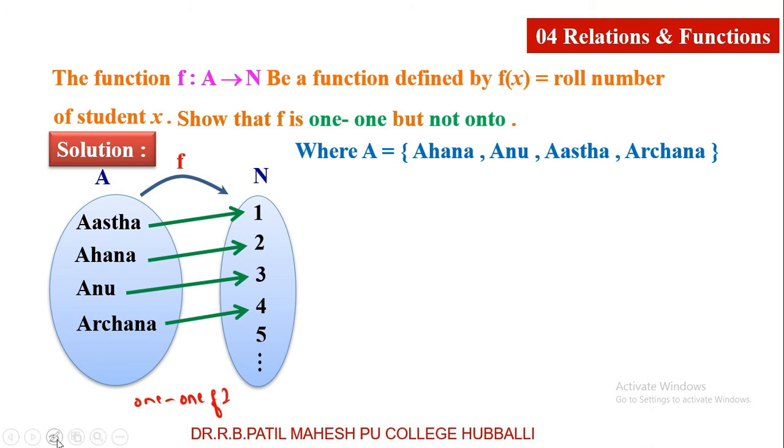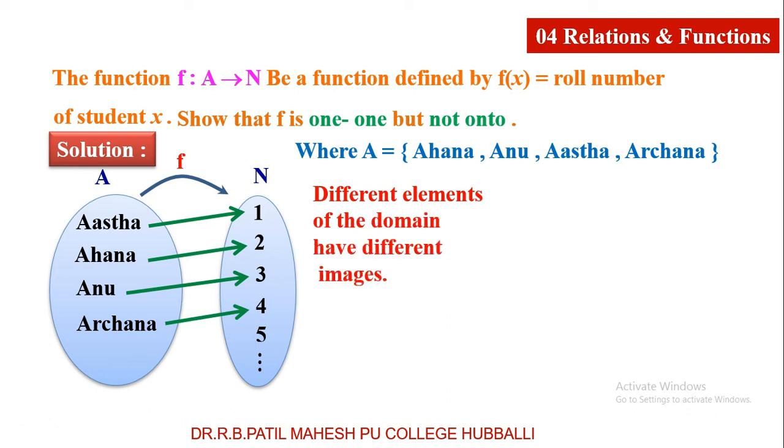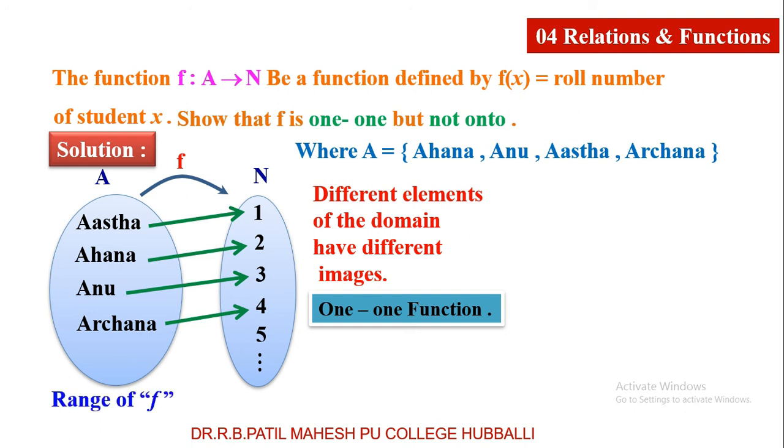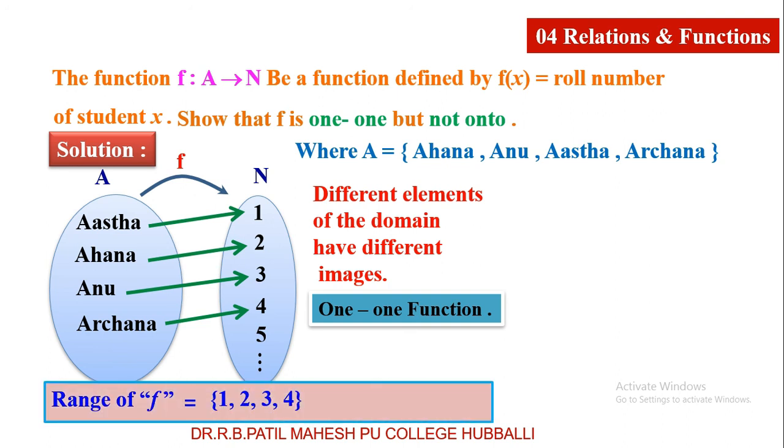Now let me check onto. Different elements of the domain have different images, and that is called a 1-1 function. Range of f: dear students, what is a range? Only the set of images, that is 1, 2, 3, 4. What is the codomain?